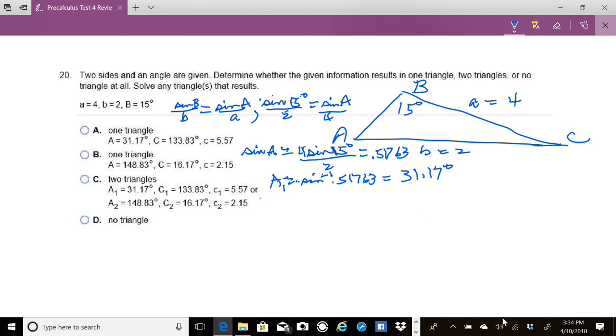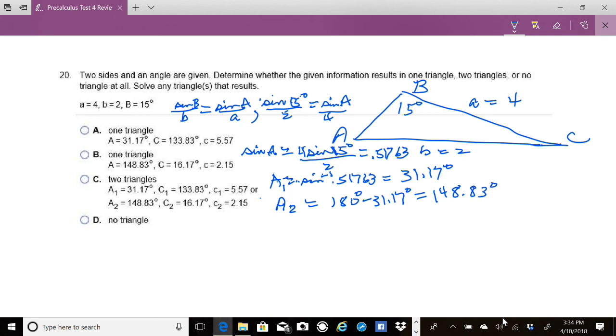Now notice A2 would be equal to 180 degrees minus 31.17 degrees. This would be the other angle that has the same sine, and that is equal to 148.83 degrees.